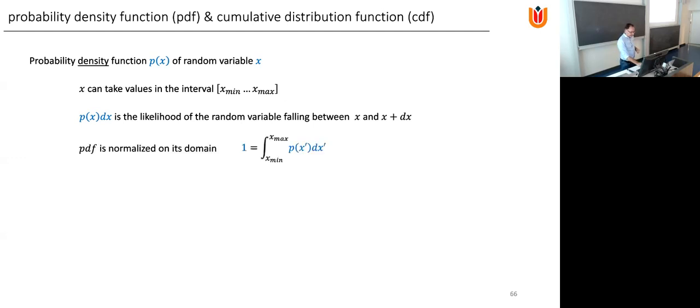The probability density function is normalized by definition. So if x is allowed between the minimum value and the maximum value, and I integrate the probability density function from x minimum to x maximum, then the answer is 1 by definition.